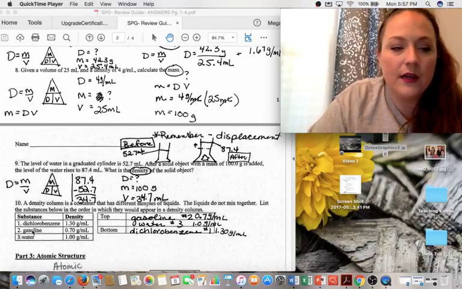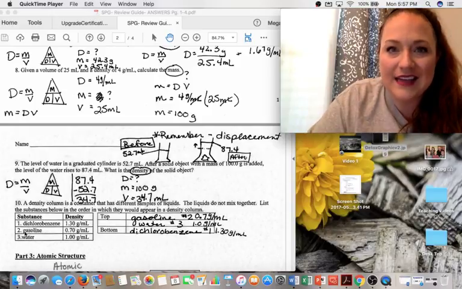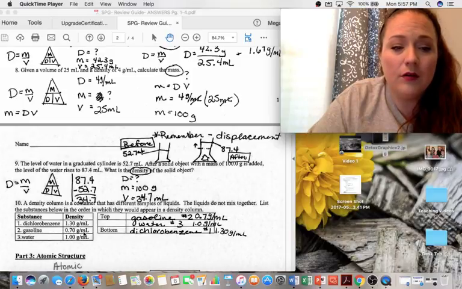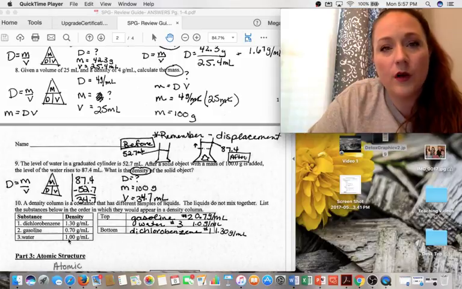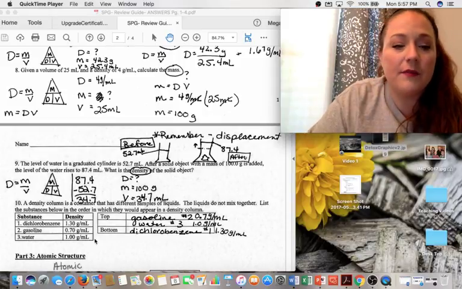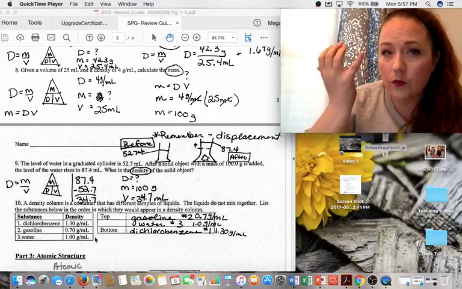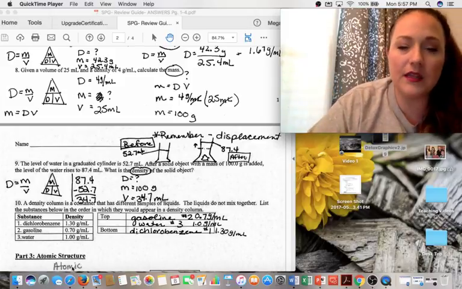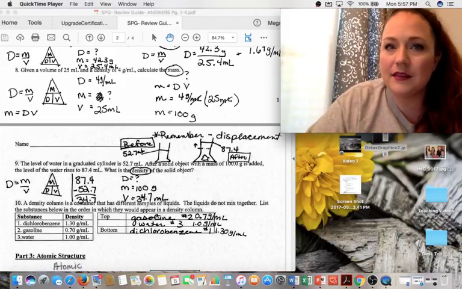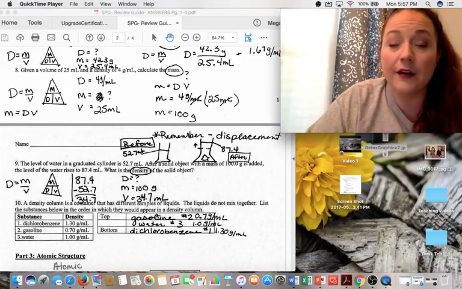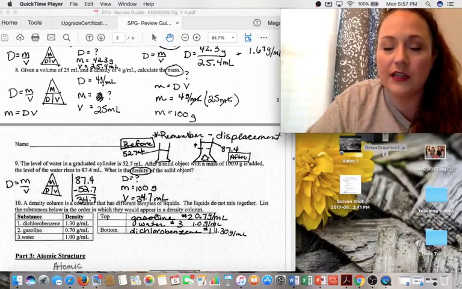So substance 1, dichlorobenzene, which has 1.3 grams divided by milliliters. Then the second substance is gasoline, which has 0.70 grams divided by milliliters. And then I have water, which is 1.00 grams divided by milliliters. What I would expect when I put them in the beaker is that the gasoline, who is lighter, just like our cheerleading pyramid.